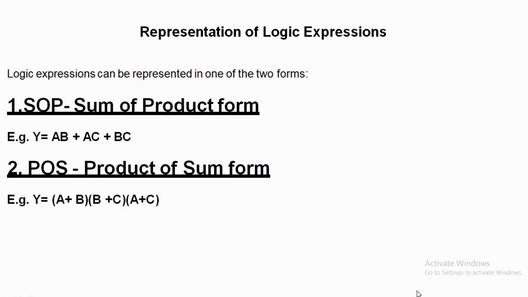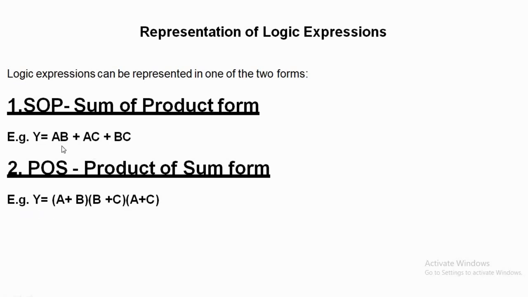Now, representation of logical expressions. Logical expressions can be represented in one of two forms, SOP and POS. SOP means sum of product and POS means product of sum. Here is an example of SOP form and this is an example of POS form.